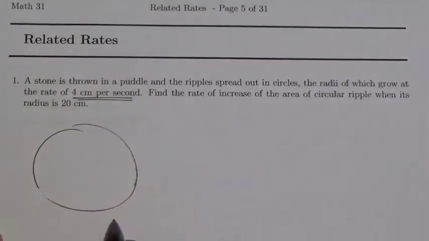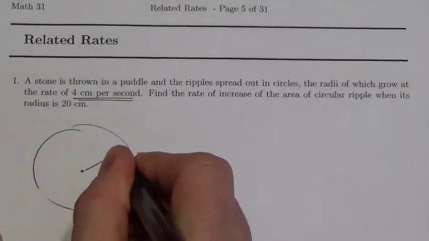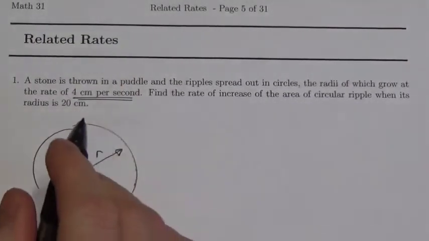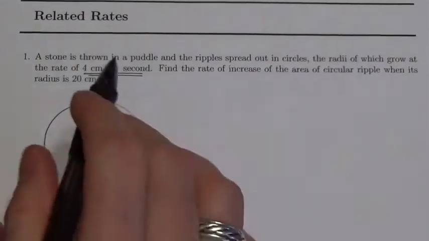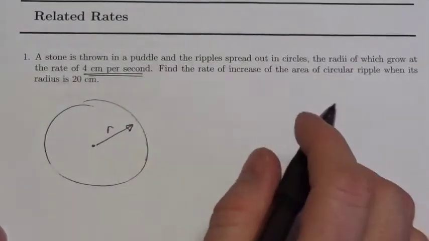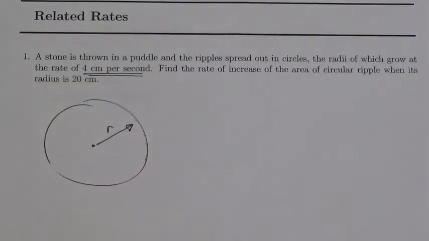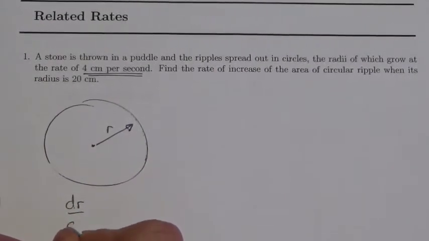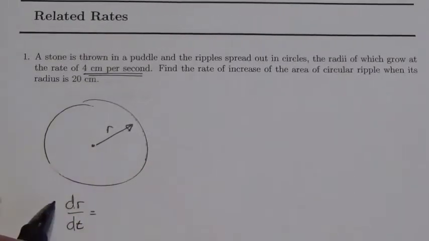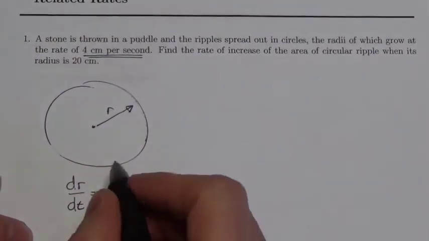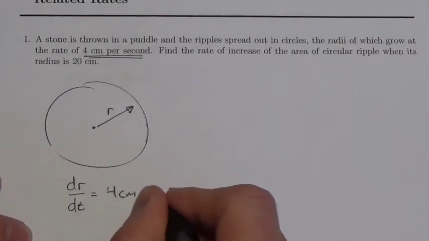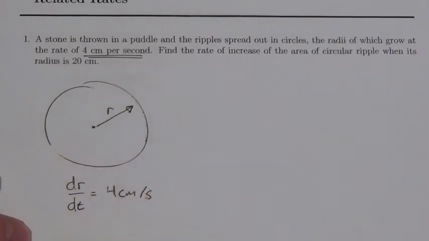So we've got this circle, because we've dropped our stone in there, and that ripple is moving outwards. Here's our radius. We just said that the radius is growing at a rate of 4 centimeters per second. So what we know is that the derivative of r with respect to time, the rate of change of r with respect to time, is positive 4 centimeters per second.